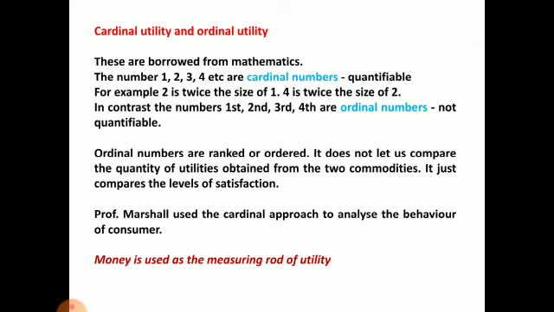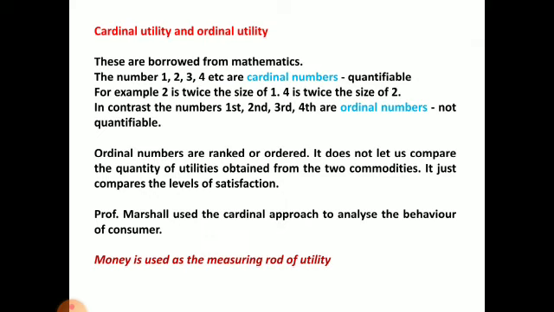In contrast, with regard to ordinal numbers, the numbers first, second, third, fourth, etc. are ordinal numbers. These ordinal numbers are not quantifiable. Ordinal numbers can be ranked or ordered.